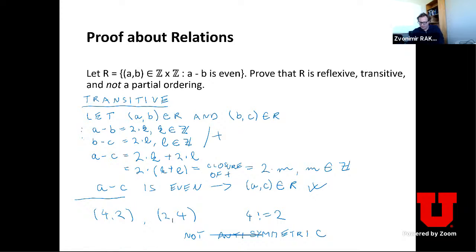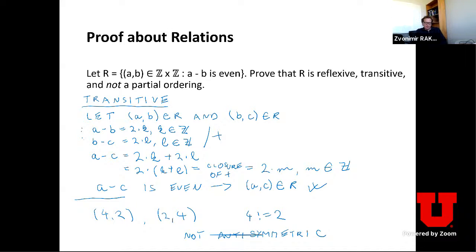Let me think a little bit about this. I have to remember the properties always. Yeah, they can be neither symmetric nor antisymmetric.